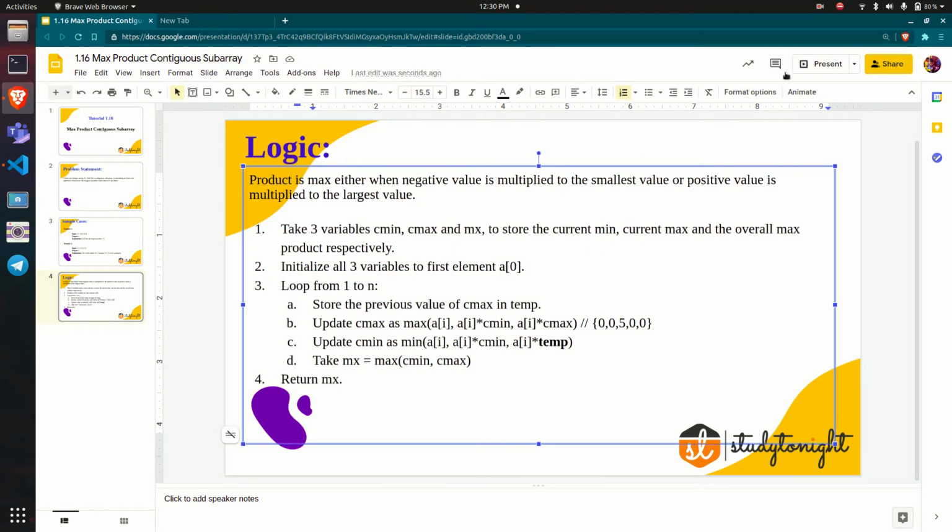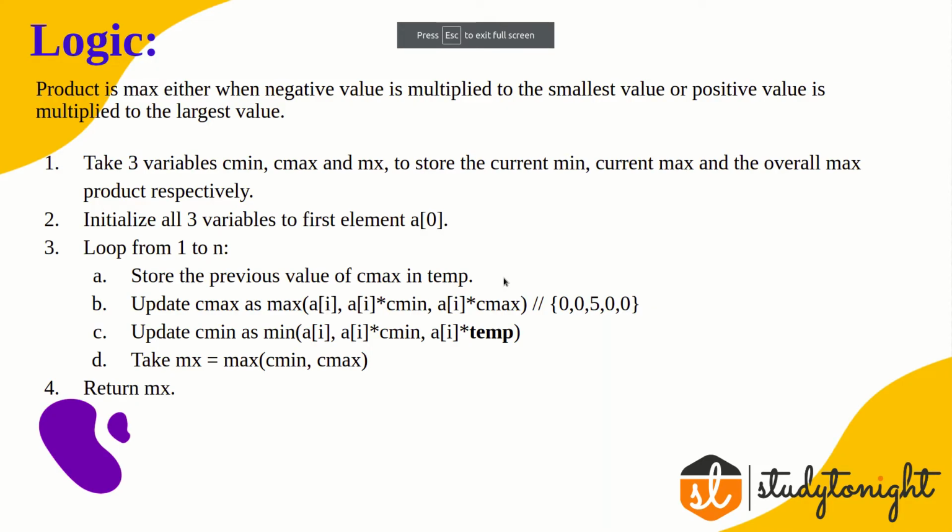Now why am I keeping track of the current minimum and the current maximum? Let's come to that logic. Current maximum is needed because, as we know, when a maximum value is multiplied by a positive number, the overall product is maximum. Similarly, when a negative value is multiplied by the most negative value, the one with the highest magnitude, the product would also be maximum.